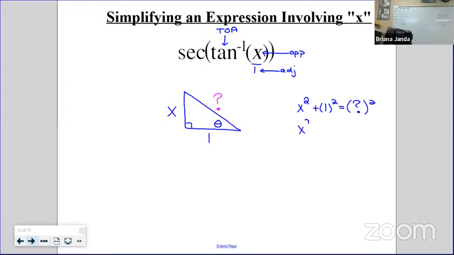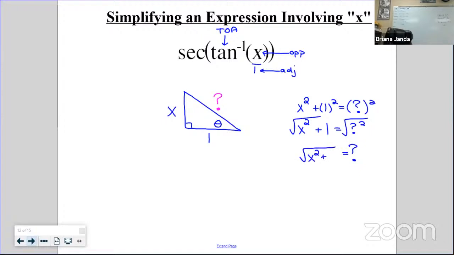X squared is just X squared. 1 squared is just 1. And I still don't know what my hypotenuse squared is. But I want to know just plain question mark, so we would square root this to get plain old question mark. Our hypotenuse equals, and that's just going to stay as is.